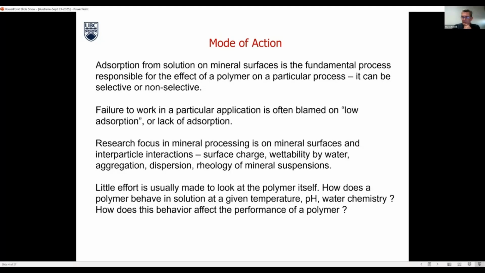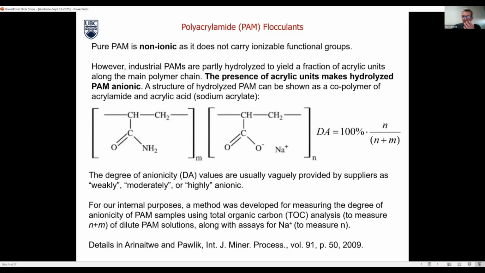So, jumping into polyacrylamides now, pure PAM should be non-ionic. It's a polymer that doesn't carry any functional groups that can dissociate, that can produce anionic or cationic sites. However, industrial polyacrylamides are deliberately hydrolyzed to actually produce a fraction of anionic groups.